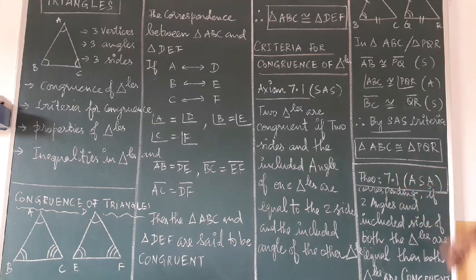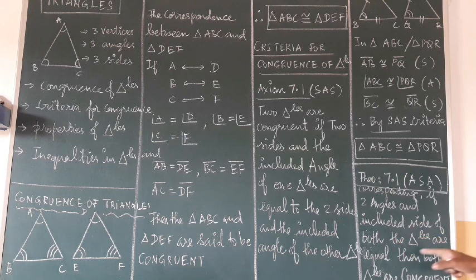Based on that, the second criteria, one theorem they have given. What is that criteria? Theorem 7.1 says the ASA postulate. What is the ASA postulate? Angle, side, angle: two angles and the included side.